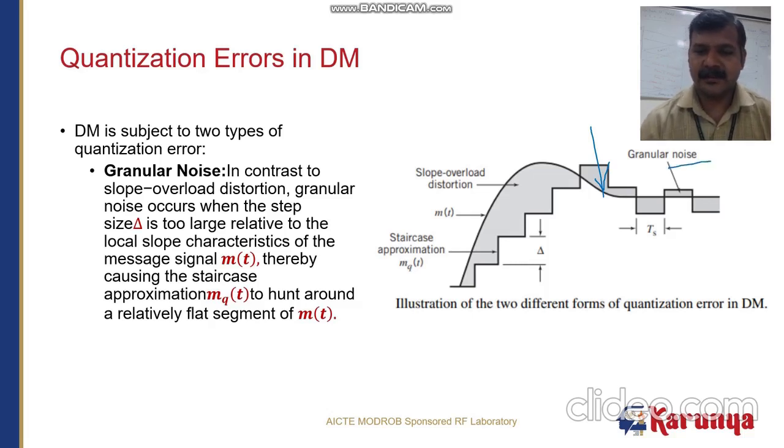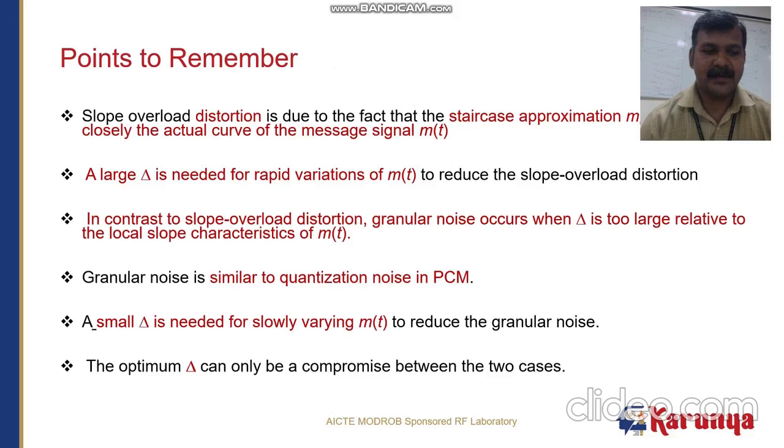So first is slope overload noise, where the staircase approximation is well below the message waveform, and another one is granular noise, where the staircase approximation is well above the message waveform.